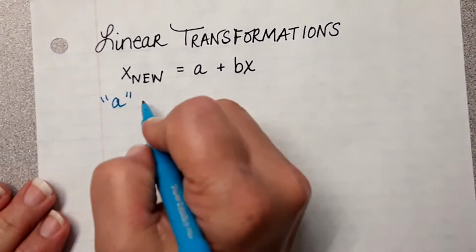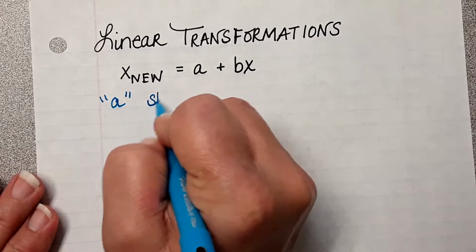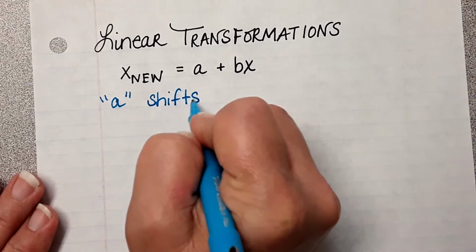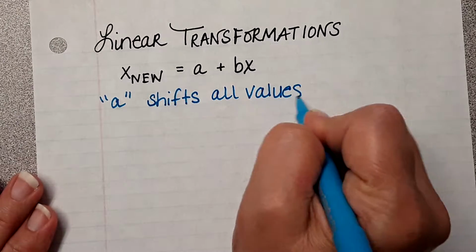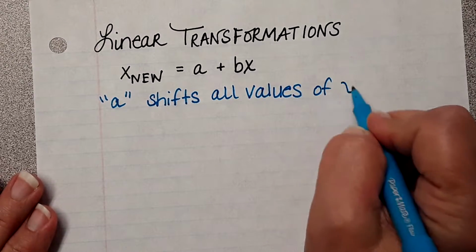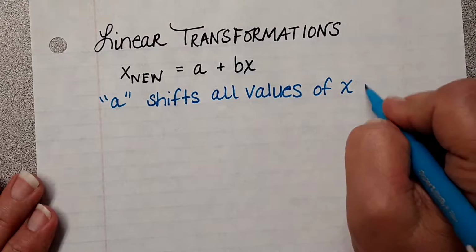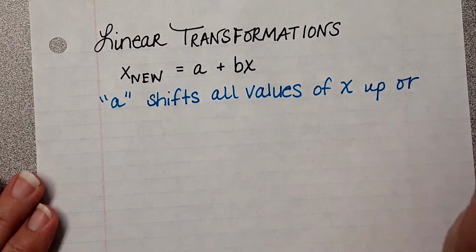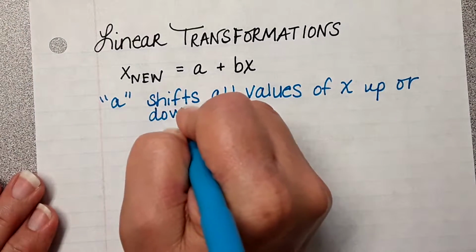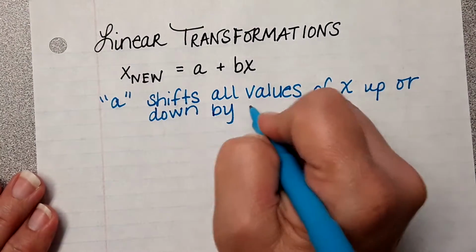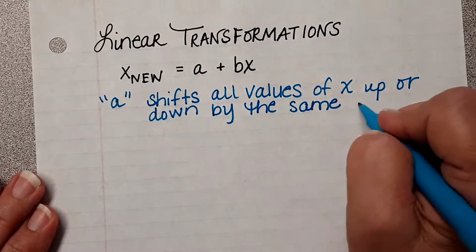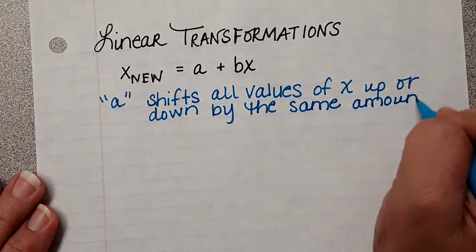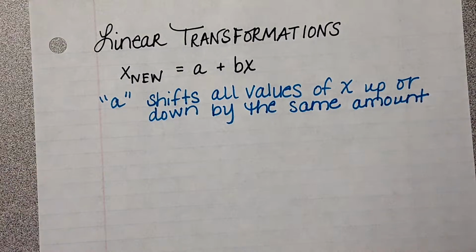So A shifts all values of x up or down by the same amount, which you probably know because it's a constant term. So the A shifts us up and down by the same amount.